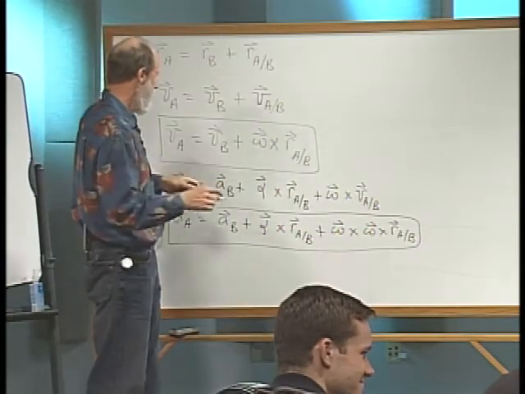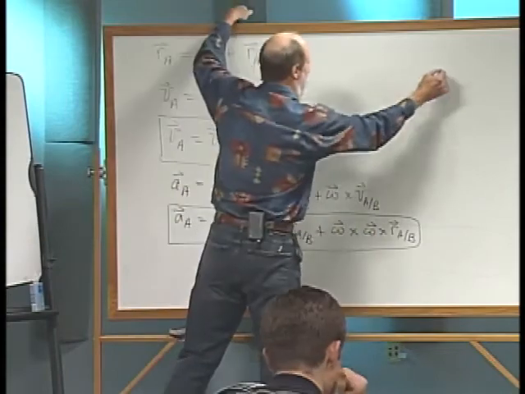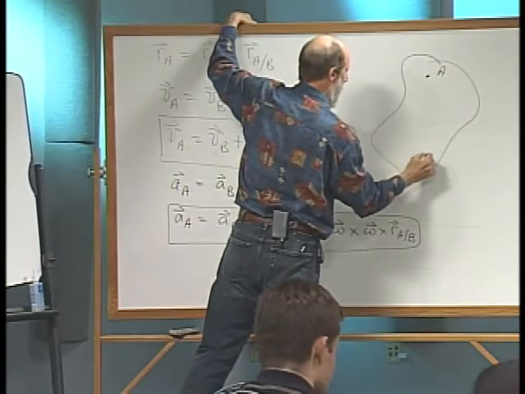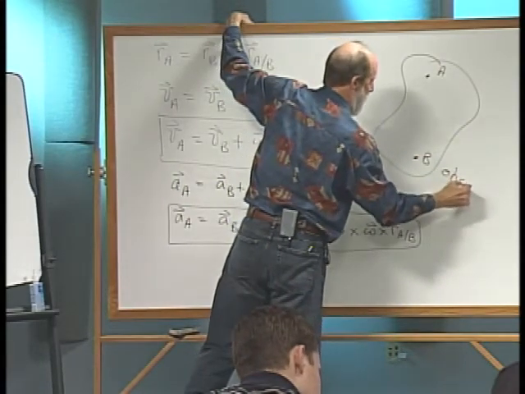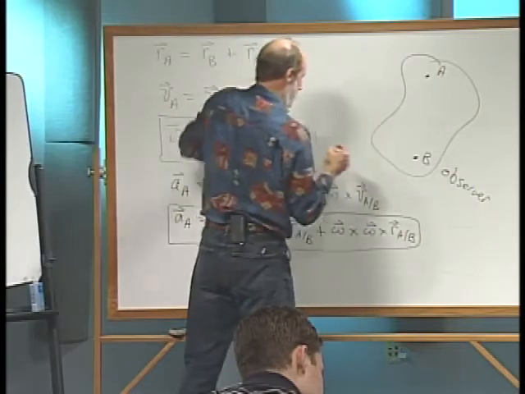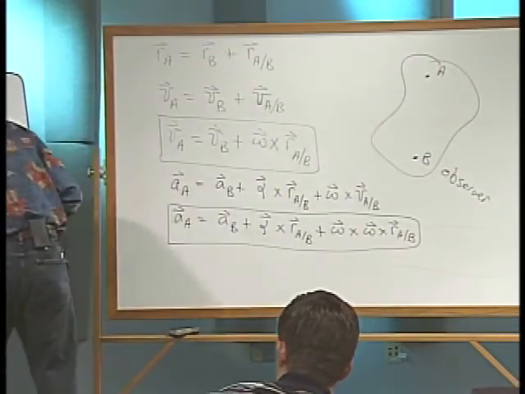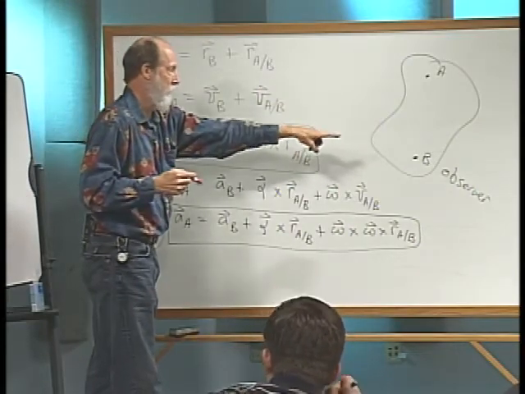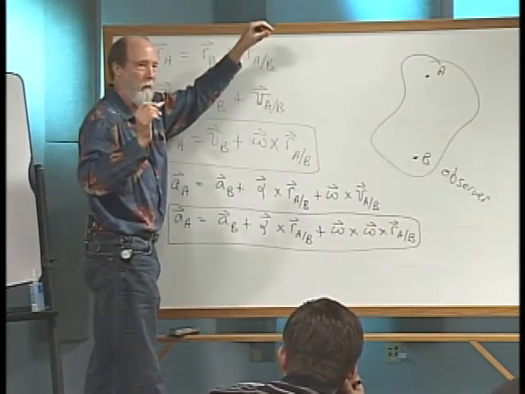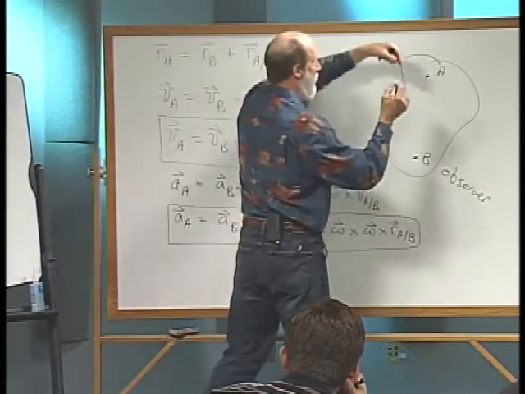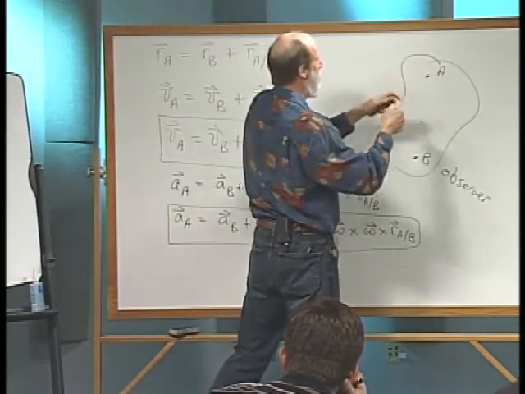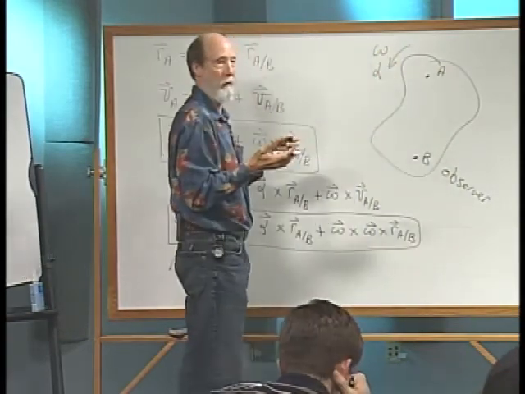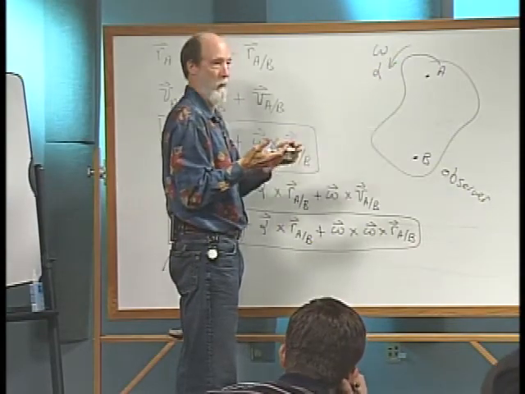Now, here's the important thing for you to grasp. Here's that rigid body. Here's A. Here's our observer, B. A appears to be in what kind of motion related to B? Circular motion, right? So you might have some omega going on and some alpha non-zero on that rigid body.